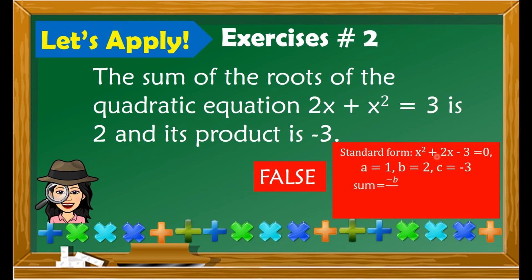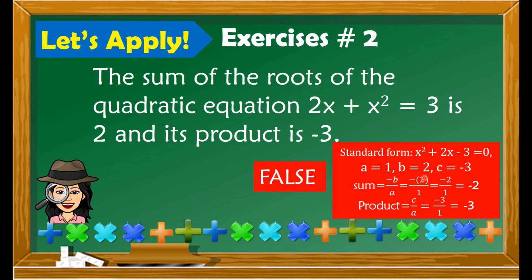x squared plus 2x minus 3 is equal to 0. Okay, so we will start always with the highest exponent 2. So that's why you have here x squared plus 2x, then move this positive 3 to the other side, it becomes negative 3. Then your value for a is equal to 1, your b is positive 2, and your c is negative 3.